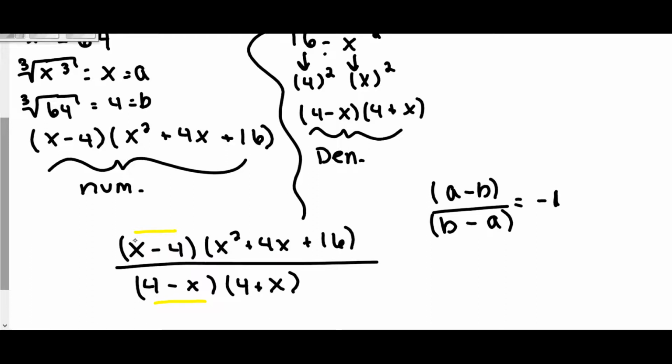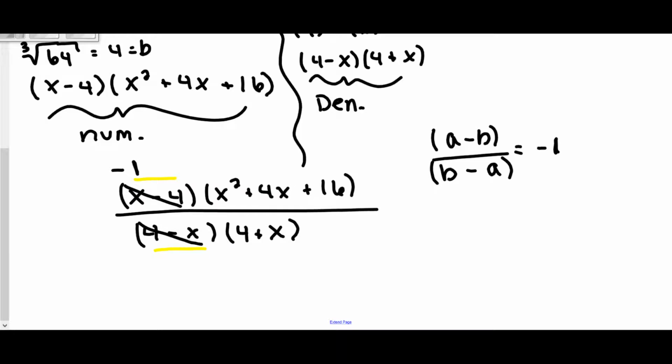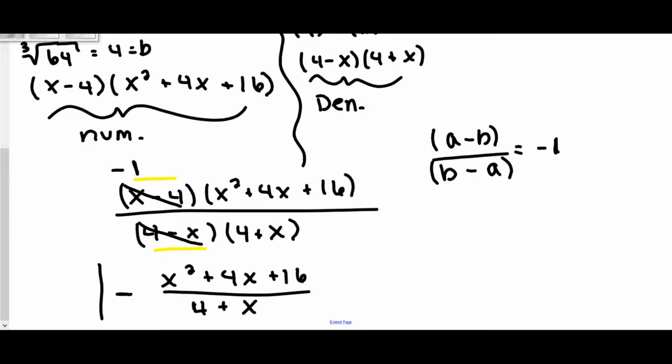So that means we can cross out x minus 4 and 4 minus x, and we'd be left with a factor of negative 1. That's really all we can do with this. So we're just going to rewrite it with our negative in front. So negative x squared plus 4x plus 16 all over 4 plus x. And that's our answer.